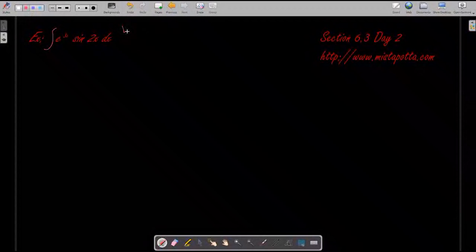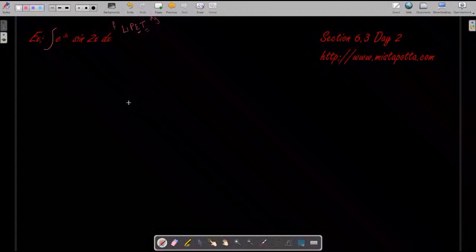Again, LIPET is my friend because it helps me determine what f and dg are. And in this case, I'm going to want to let my exponential be f, and I want to let my trigonometric be my dg.